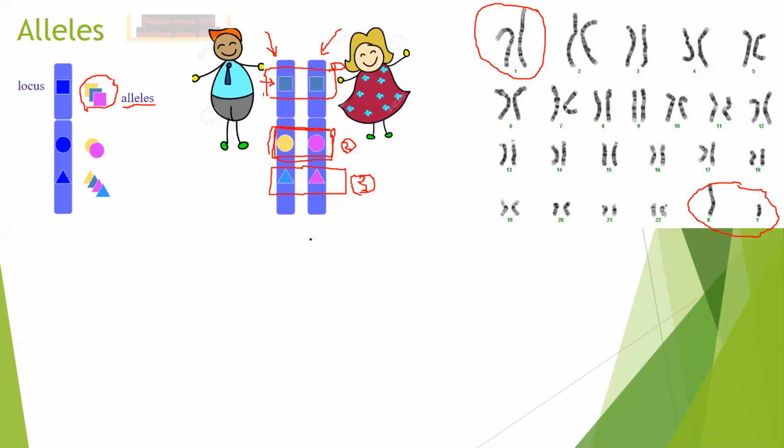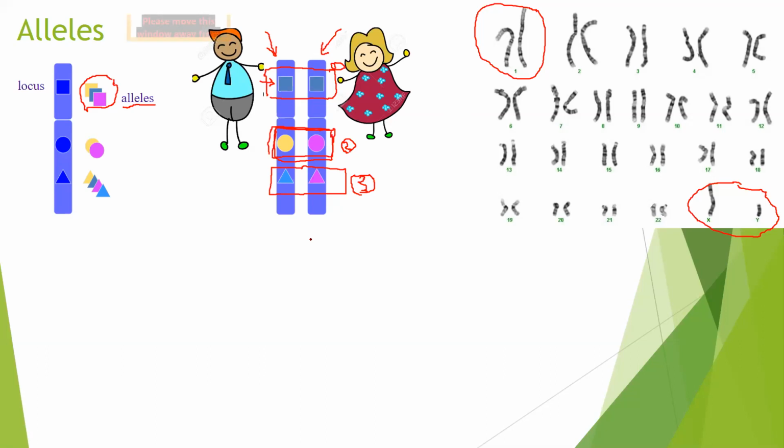If it's the same color and same shape, then it's one allele, right? Yes. But if it's a different color, then there are two alleles. Yes, that's right, correct. Thank you so much. Sure, my pleasure. This is very important.